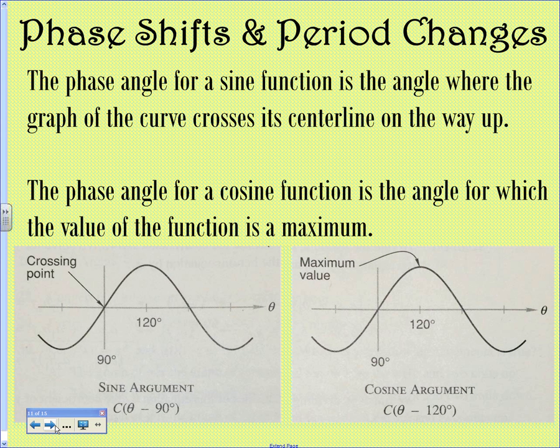So when we go to our maximum, it's 120. So theta minus 120. You remember it's always minus and then whatever the angle is. So if this had been a negative 90, that would be a positive 90. And if this were a negative 120, that would be a positive 120.